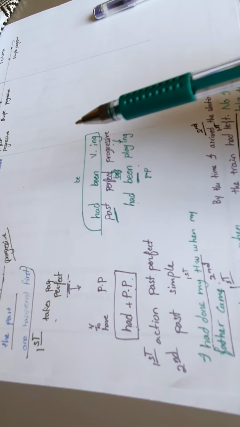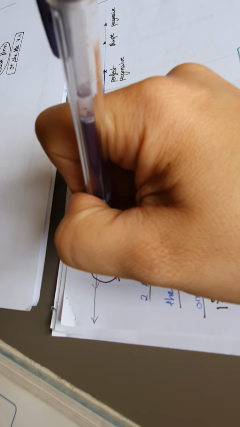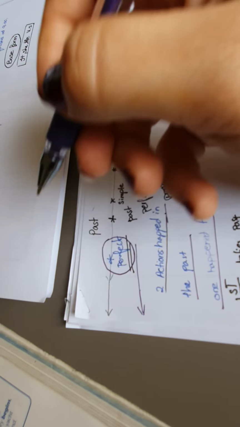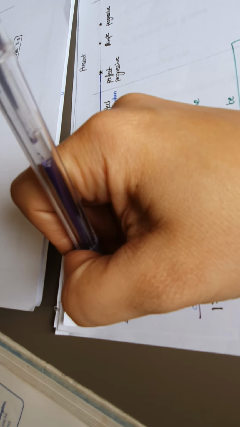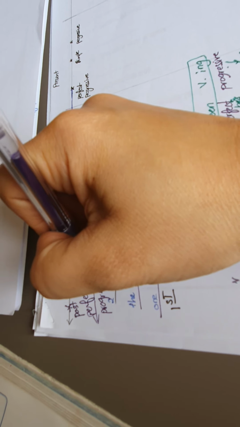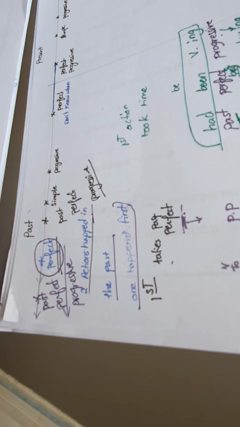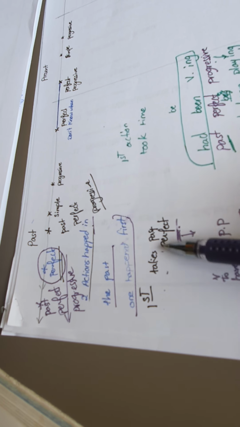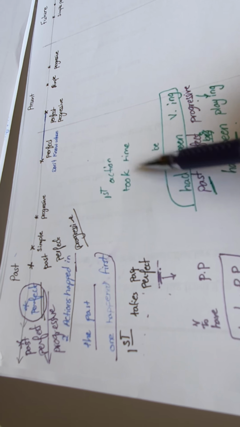Before his dad came, he had been watching for 3 hours. So when I use it, I have two actions. The first takes perfect; if it took time, past perfect progressive.